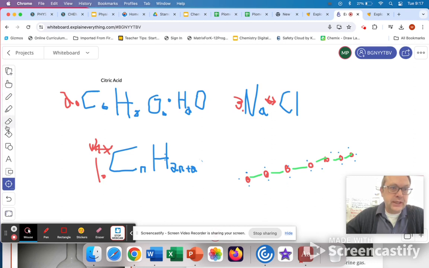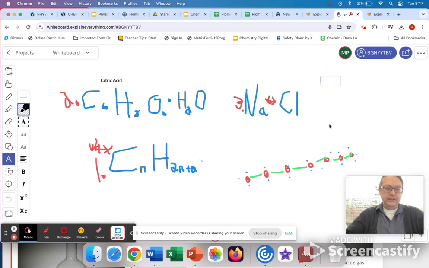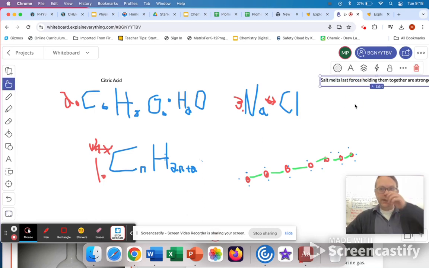Our main evidence we discussed about why this one melted is that the salt melts last because the forces holding them together are stronger. So this connection between the properties of the element and what's actually happening.